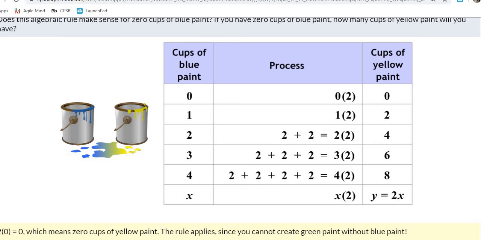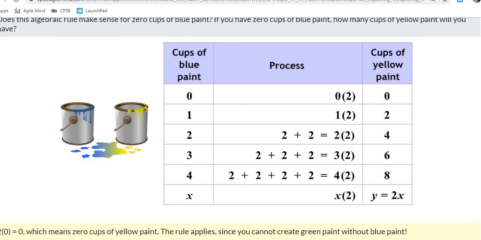That's how I ended up with 0. So it says, this rule applies, can I ever make green paint without that blue? No. What 2 colors are required to make that green color? Blue and yellow. So without that blue, there's no green paint being made. That's what it means in the context of that problem.